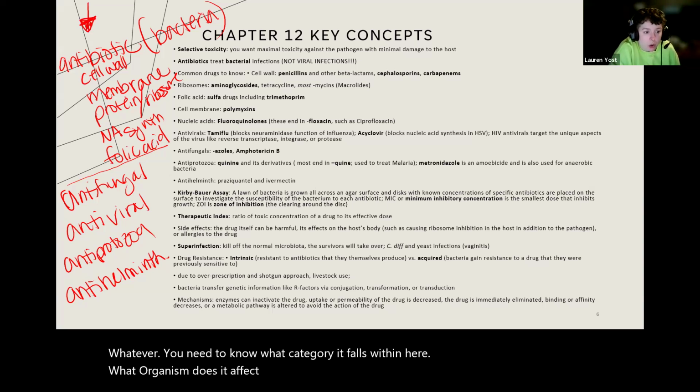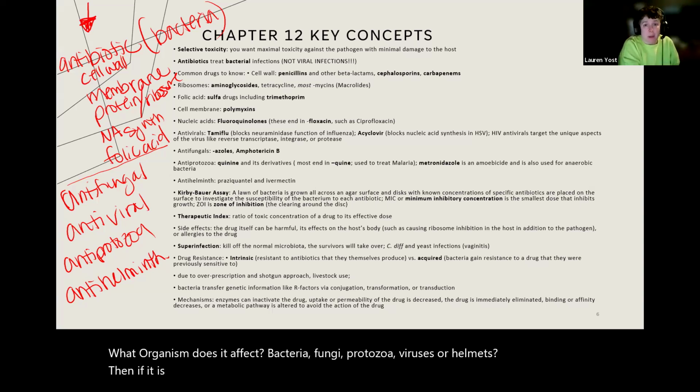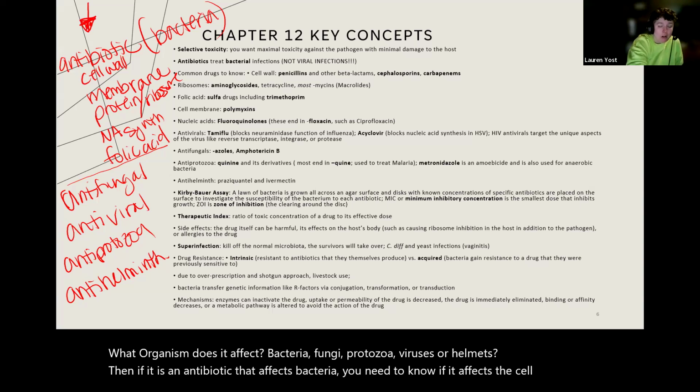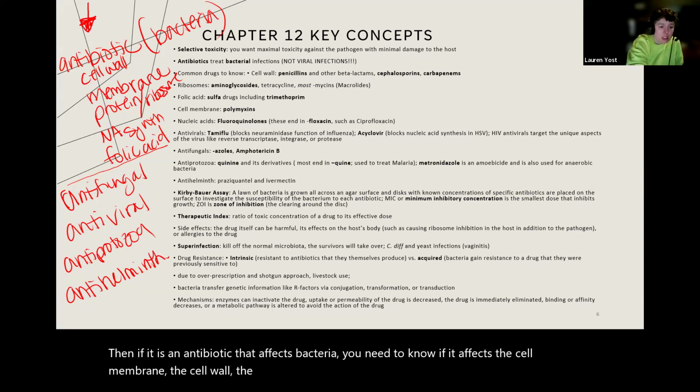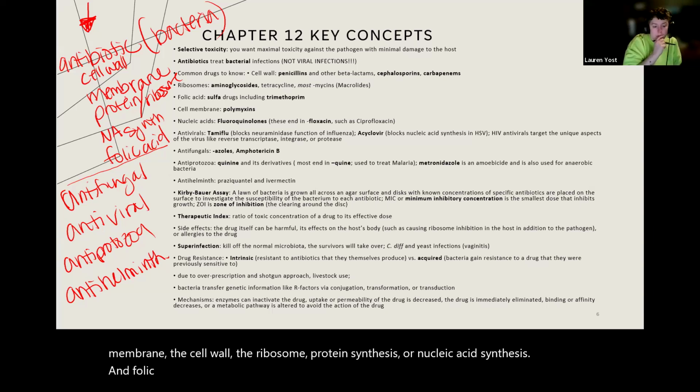Bacteria, fungi, protozoa, viruses, or helminths. Then, if it is an antibiotic that affects bacteria, you need to know if it affects the cell membrane, the cell wall, the ribosome protein synthesis, or nucleic acid synthesis, and folic acid synthesis.